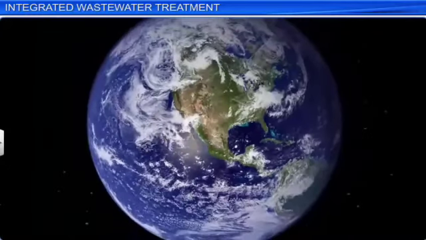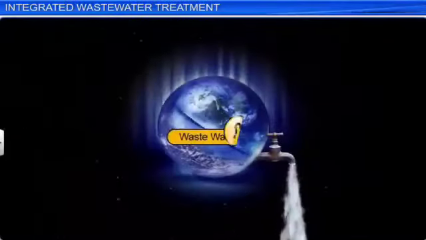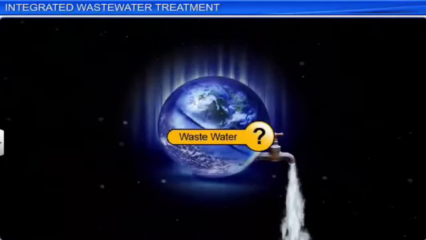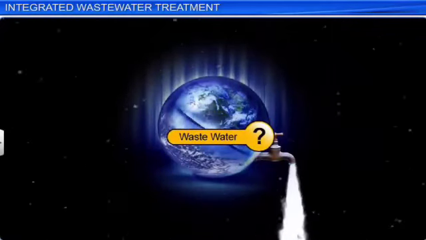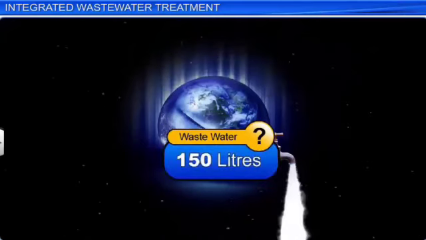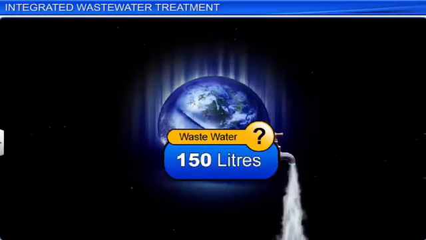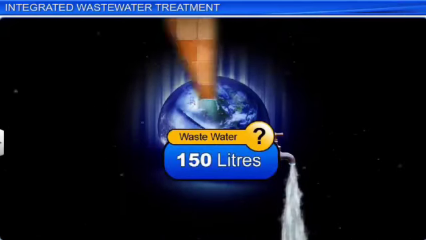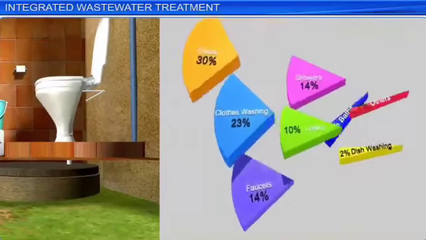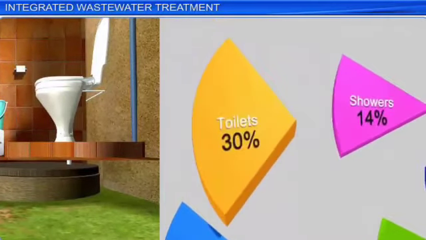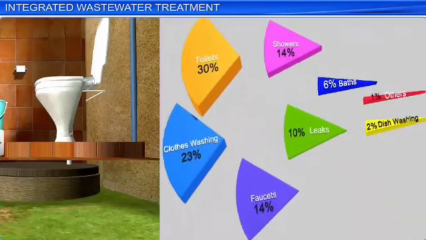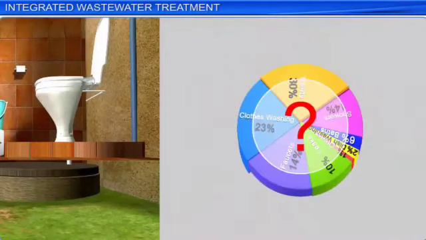Do you know how much wastewater is used or generated by an individual daily? Close to 150 liters. In fact, a large amount of water is used in toilets. What if you could save that amount of water?